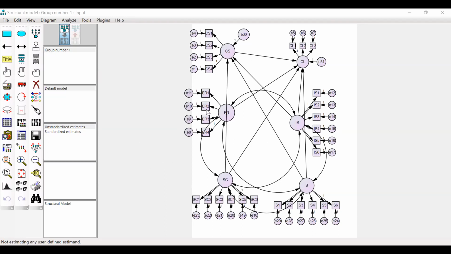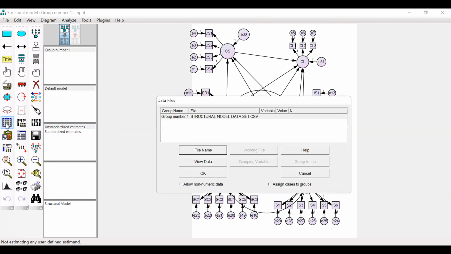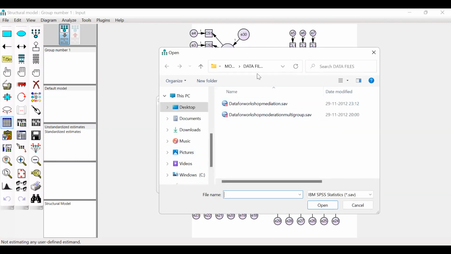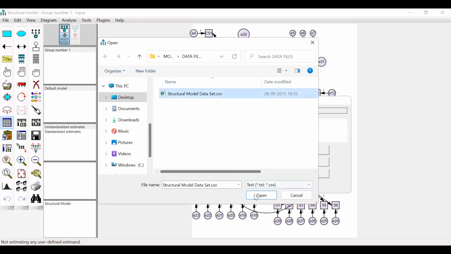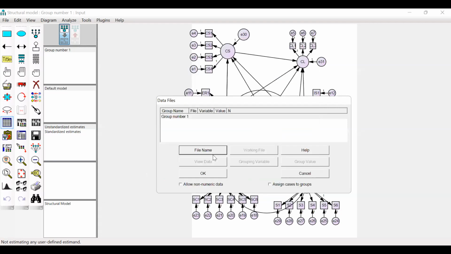Once you have that model in place, you go to the data set button and select the data set. Once it is selected, this number will show, and we'll click on it.